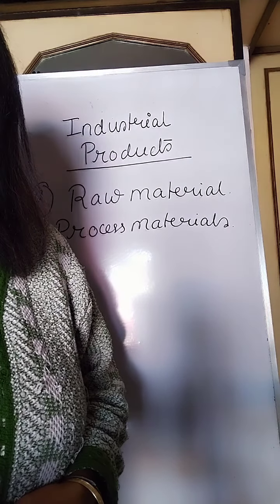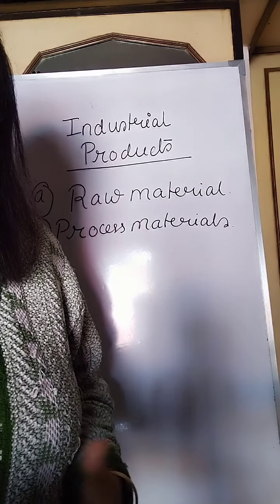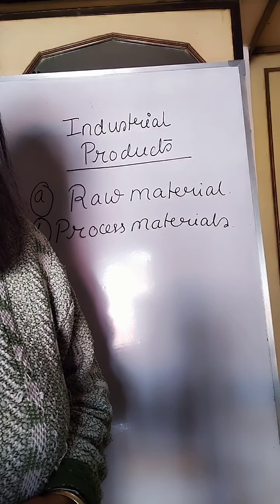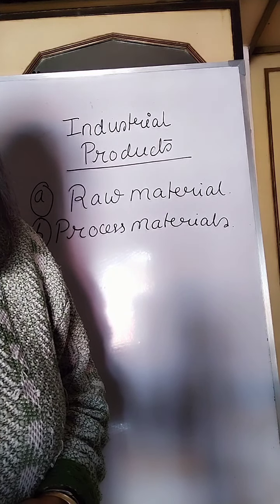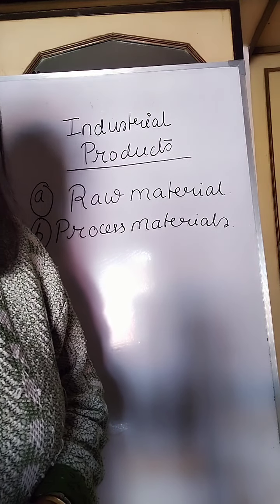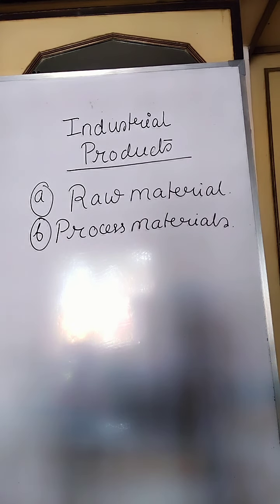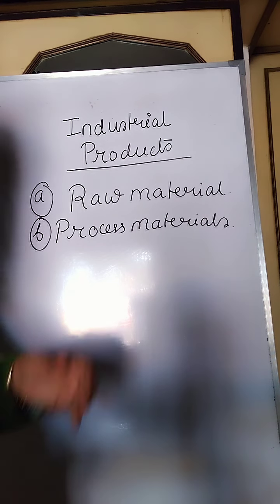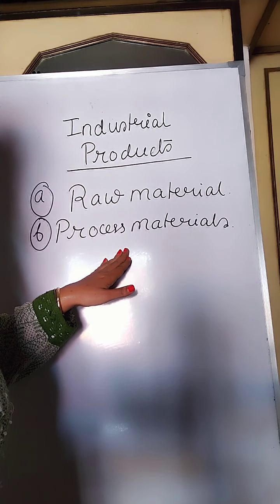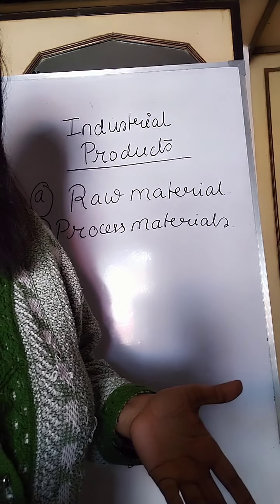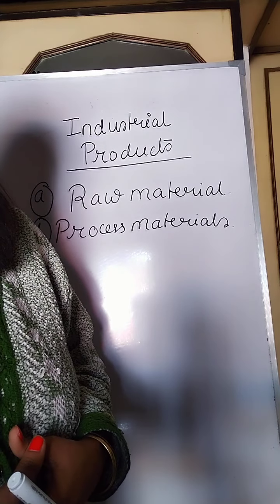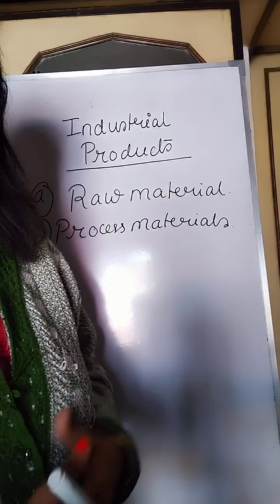For instance, materials used for repair, maintenance, and other materials which cannot be traced as part of finished products, such as nails in shoemaking and thread in shirt making. All these are process materials. So these come under the category called process materials.